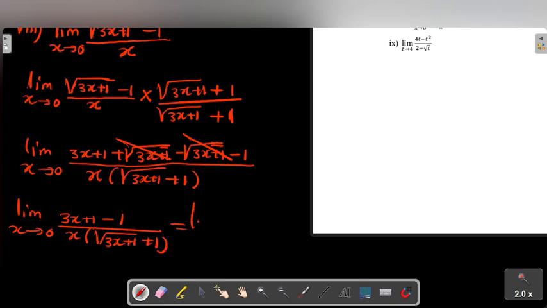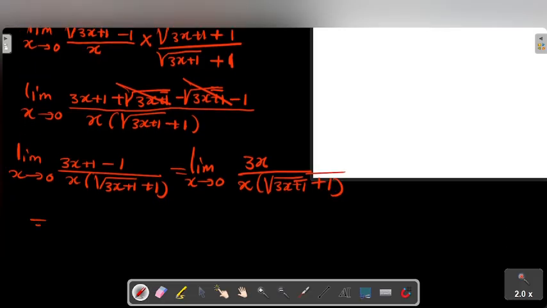So this will be the limit as x approaches 0. On top we just have 3x, because we know that 1 minus 1 gives us 0. So this will be over x, open brackets, the square root of 3x plus 1, plus 1 there.